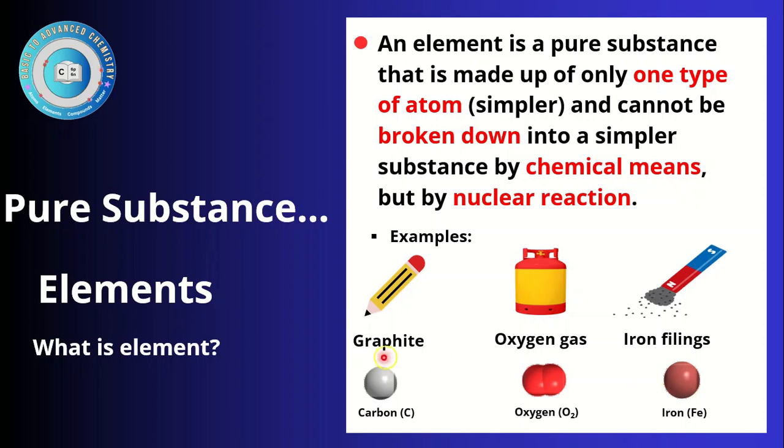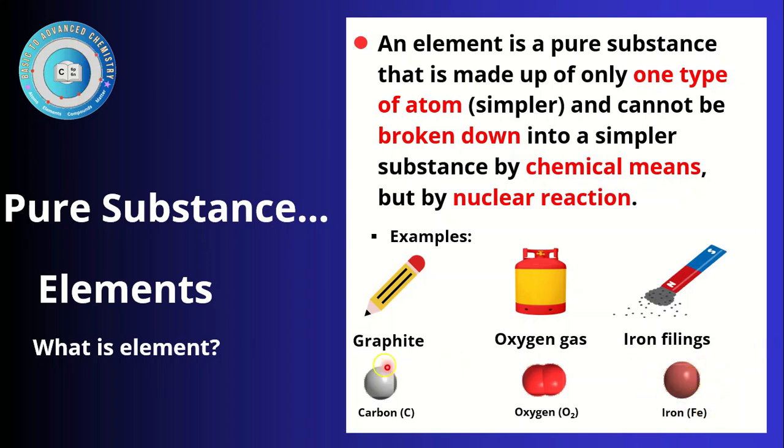Therefore, carbon element is made of only one type of atom, that is carbon atoms. Oxygen gas is made of only one type of atom, that is oxygen atom. Iron filings is made of only one type of atom, that is iron atoms.